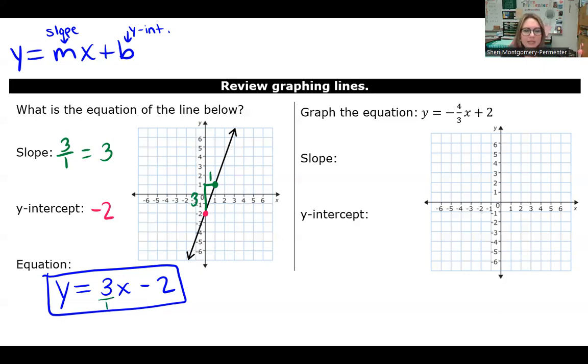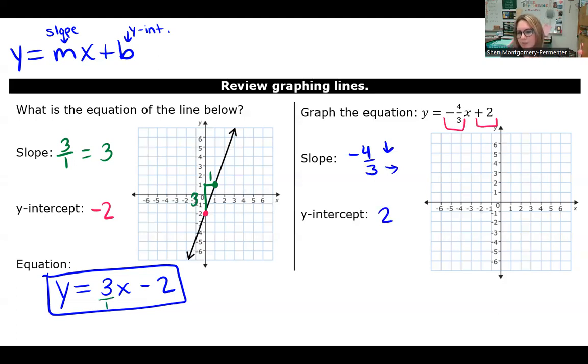For the second question, it asks us to graph. To graph, we need to look at the slope and the y-intercept. So the slope is what's attached to the x. It isn't the x, but what's attached. So it's -4/3. That means I'm going to go down 4 and then over 3. And the y-intercept is 2.